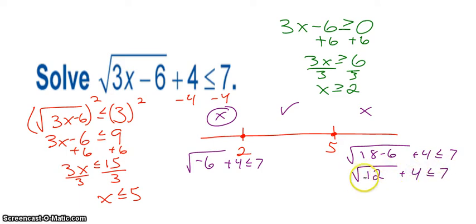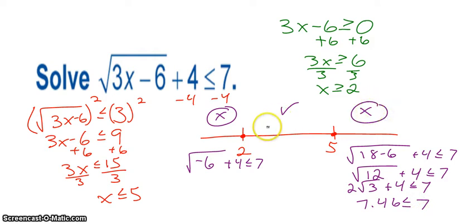I can simplify that square root of 12 if I wanted to, though chances are I am just going to be plugging it into my calculator anyway. And when I type that in, I end up getting 7.46 less than or equal to 7. That is indeed false.